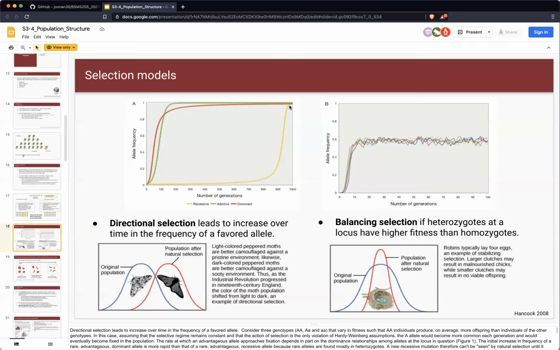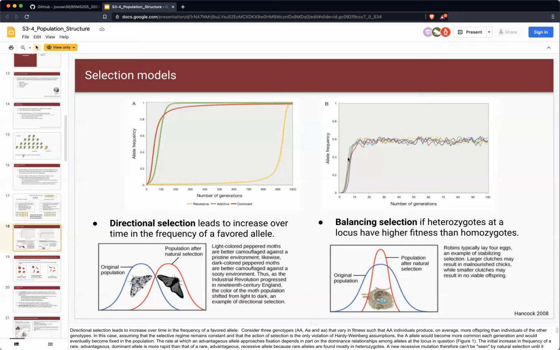So in that case, the heterozygous genotype has higher fitness than homozygous. So their allele frequency is always sitting around 0.5 over time.